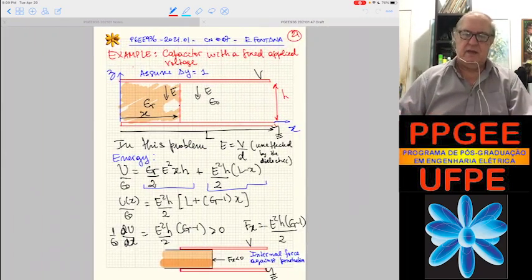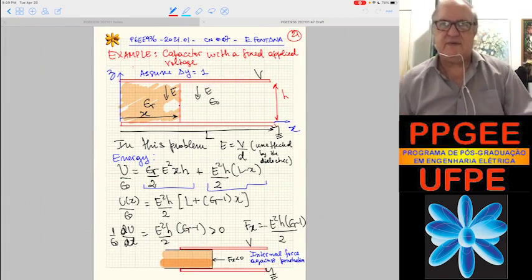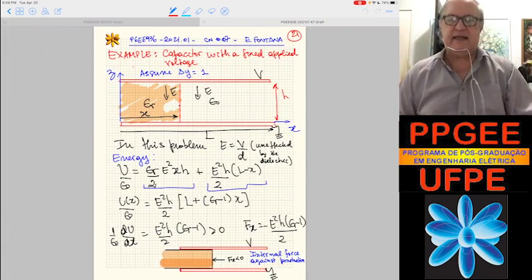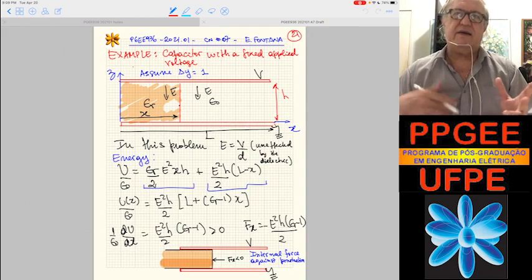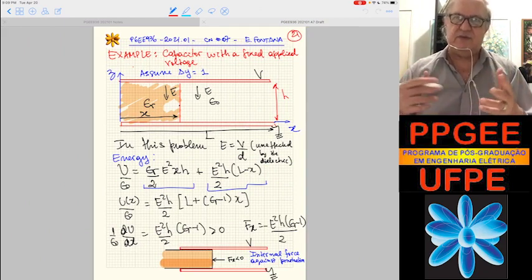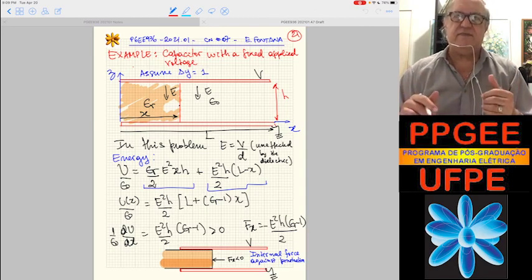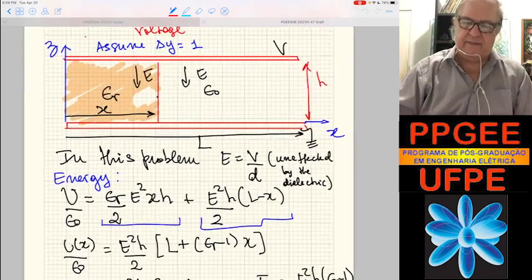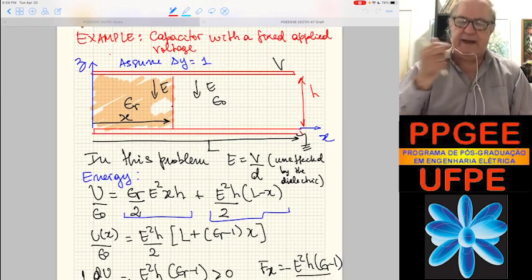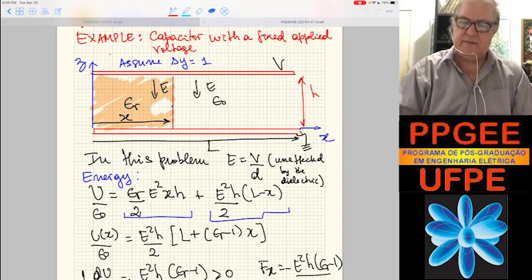Okay. So let's do two examples. I could do this example calculating the capacitance of the system and calculate the change using that formula I just showed you. But I'm going to calculate using the field point of view, using several concepts. Let's assume that we have a parallel plate capacitor, like this one.